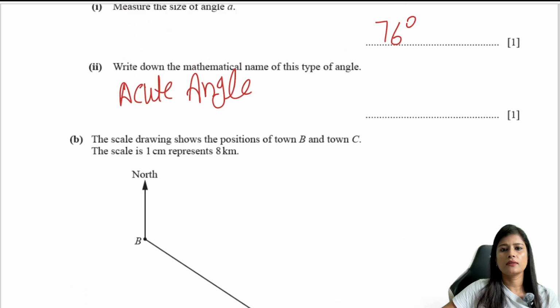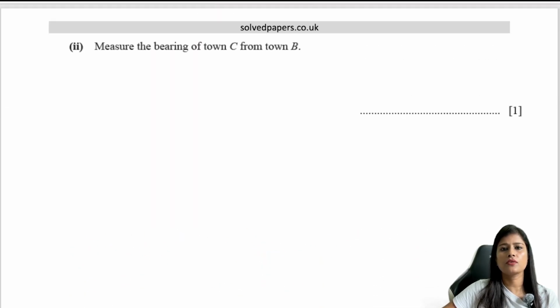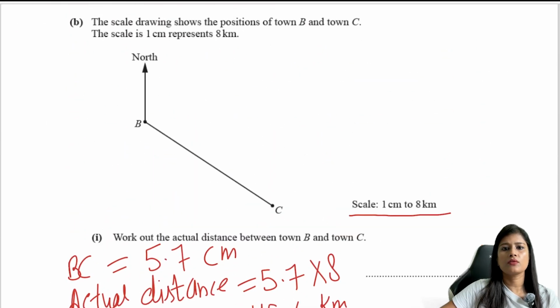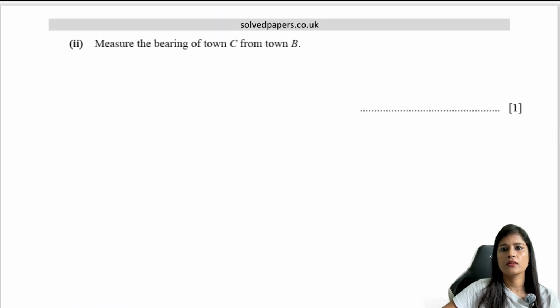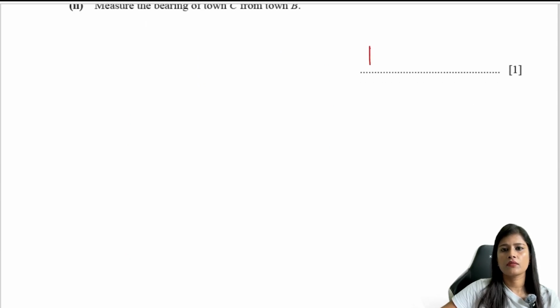Now next part, measure the bearing of town C from town B. Town C from town B means this angle you need to measure. So if you measure, this is 124 degree. So the answer for this part is 124 degree.